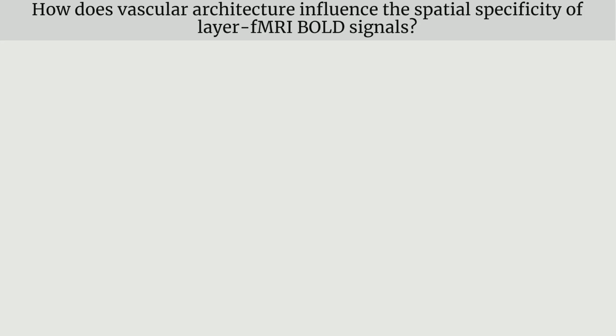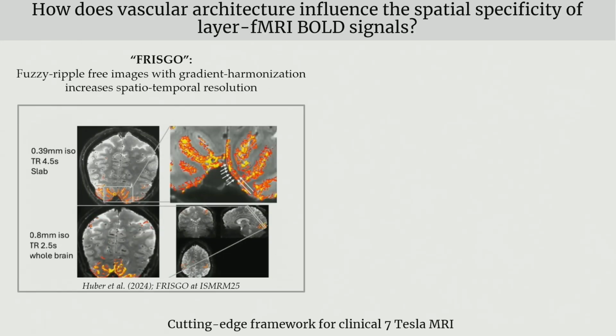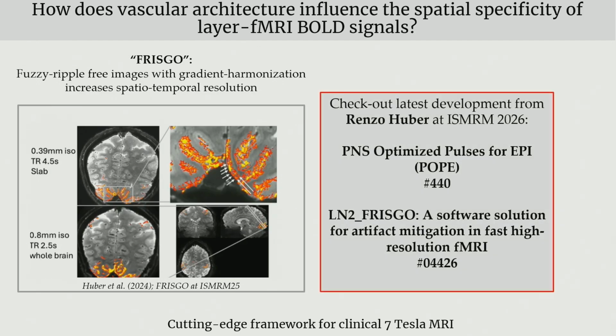How does the vascular architecture and its spatial distribution influence the spatial specificity of layer fMRI BOLD signal? In order to do that, we are building on the FRISCO approach, which was recently developed and presented last year at ISMRM by Renzo Huber, which allows you to push the spatio-temporal resolution into almost uncharted territory. So check out the latest development if you're curious.